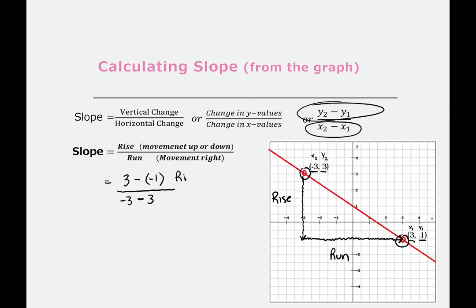Here's our rise. Here's our run. Let's calculate this. -3 subtract 1 is -4. And 3 subtract -3 is the same as 3 plus 3, which is 6.